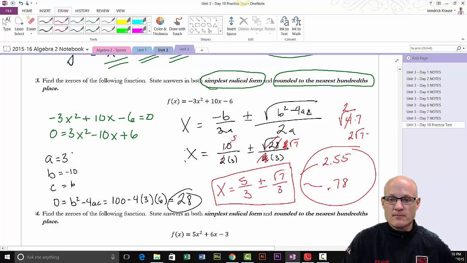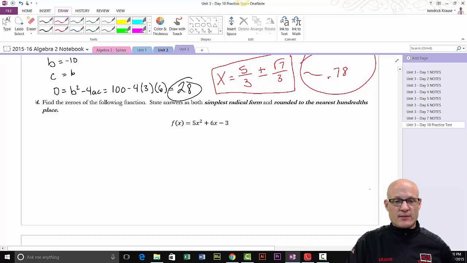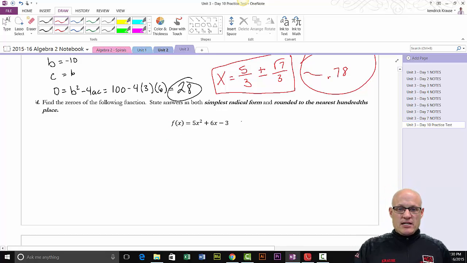All right, moving on. Going to do the same thing here. Now, again, I'm just going to set this equal to 0. It's already positive, so I can't use completing the square. I have to use the quadratic formula. So a equals 5, b equals 6, c equals negative 3.